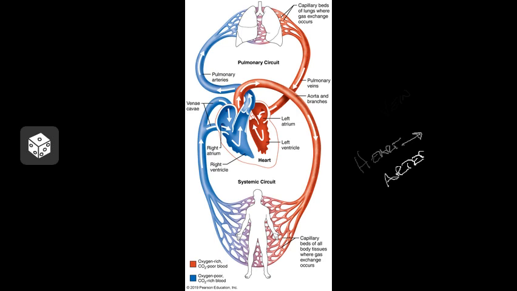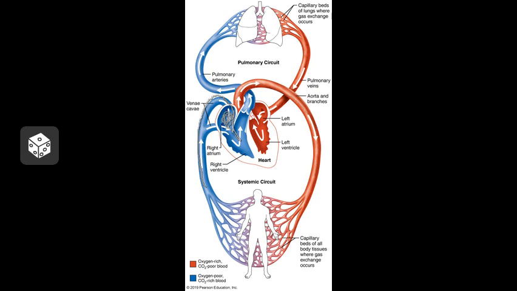And this is why we need to ignore whether there's oxygenated or deoxygenated blood in these blood vessels. Again, you'll see leaving the left ventricle, we have oxygenated blood going through the aorta, which is the major artery, and deoxygenated blood returning to the right atrium through vena cava, which are major veins.